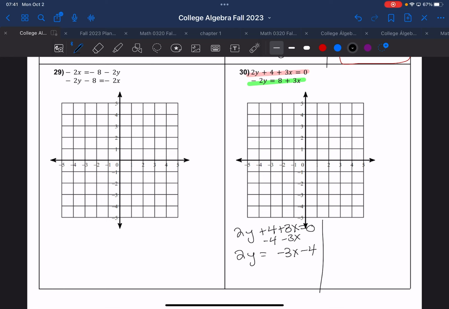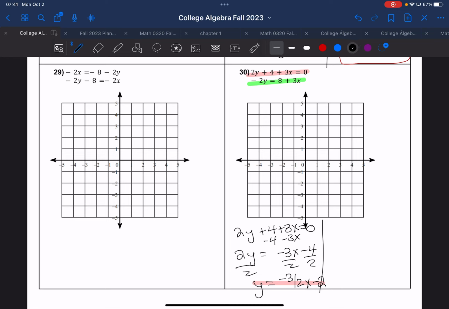Why did I place the x first? Good, it has to be in that correct format. Now I'm going to divide everything by 2, and I have y is equal to -3/2 x minus 2. Okay, so that's my first one.